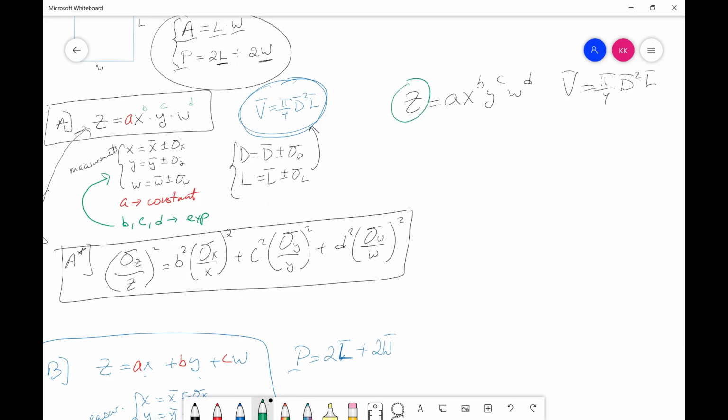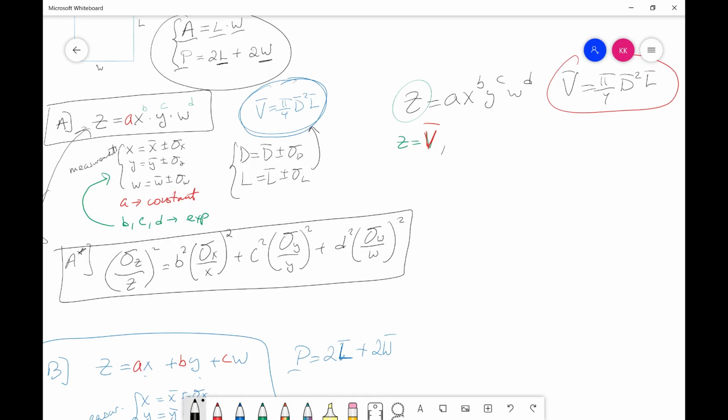Remember, this Z is something that you are deriving. What would be the equivalent of that in our equation of the volume? The average V, exactly. It will be V average. Why? Because what we're deriving in this equation is the average volume.